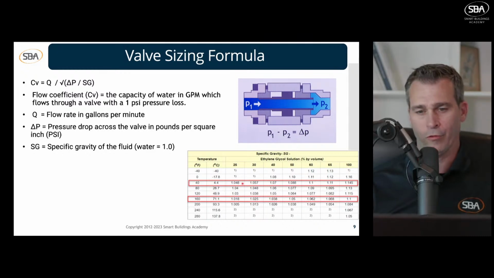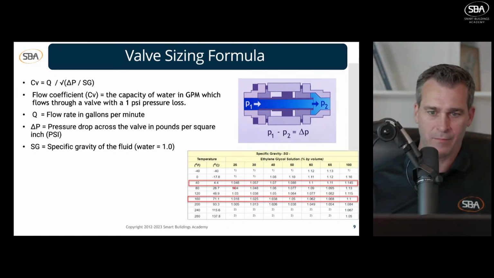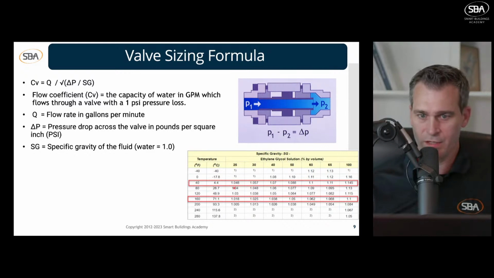But if you want to be really precise, you can include that 0.048 if you really wanted to, but it's not going to really matter that much. So we usually, in our industry, we just use 1 for the specific gravity. Even if this is 160 degrees, like a hot water system, as we can see here at 25% glycol water mix, it's only 1.018. And by the way, glycol is used like an antifreeze for our hydronic systems.